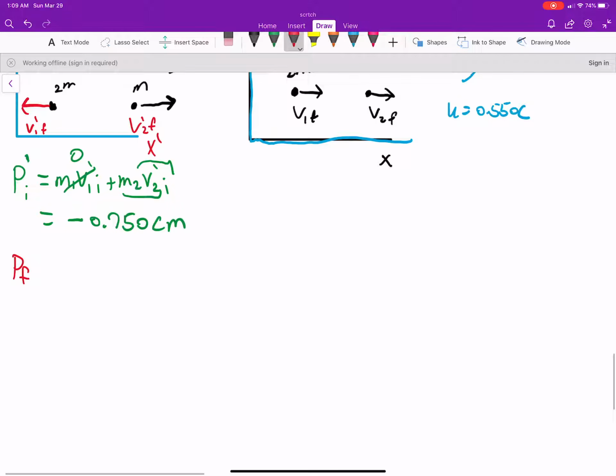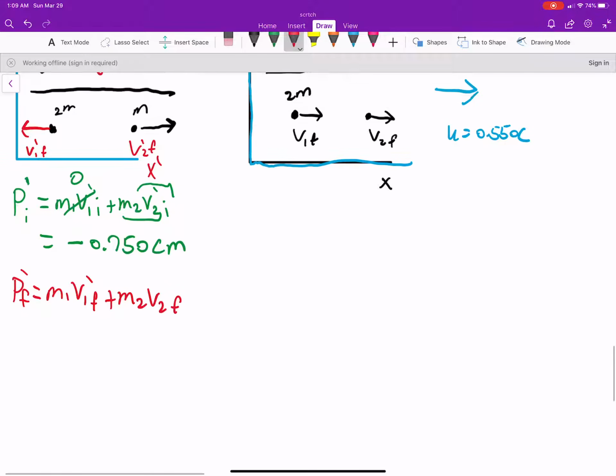So look at momentum prime final. That's m1 v1 final plus m2 v2 final. So what do we get?